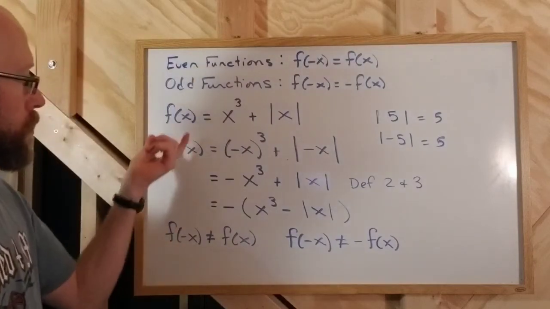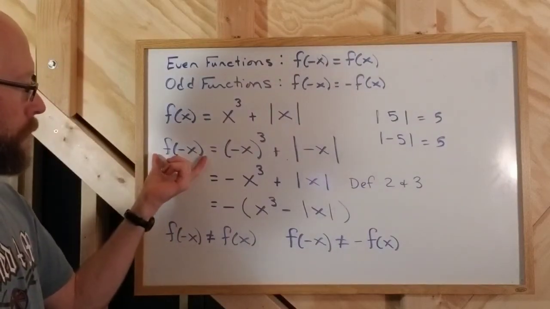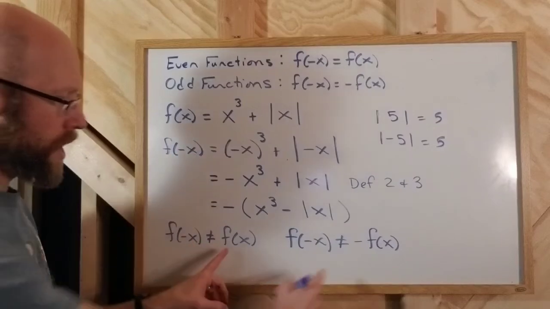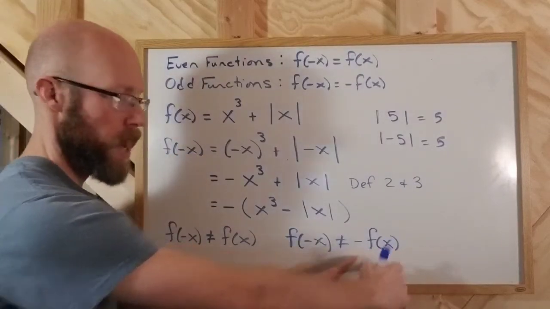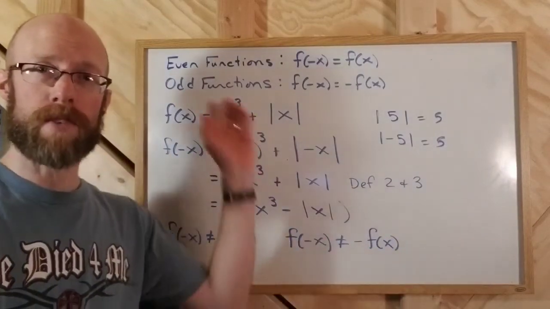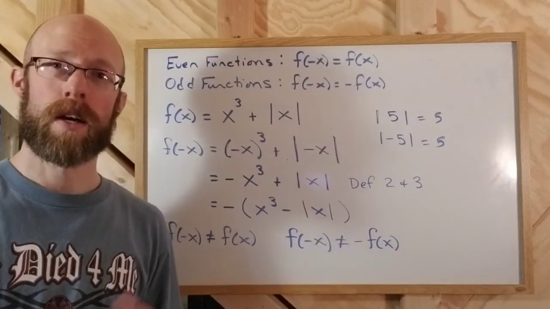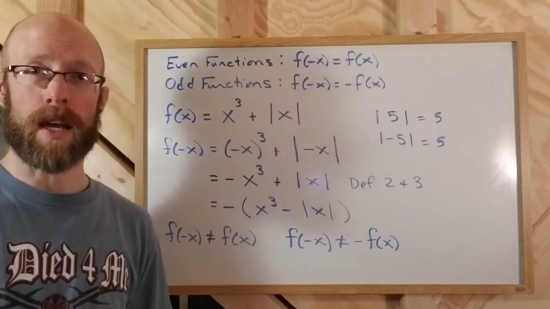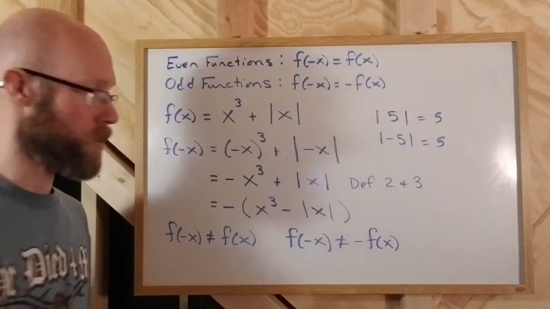Okay, so my original function, when I plug in the negative x, is neither equal to f of x nor its opposite, in which case we have neither even nor odd symmetry. So this must then be a neither. This has neither symmetry.